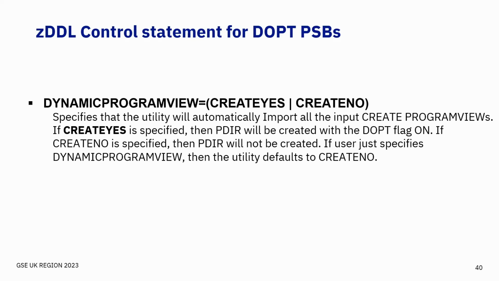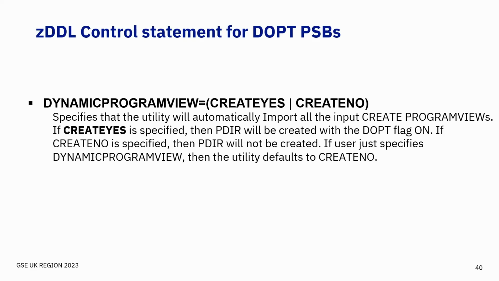Why did we provide this in ZDDL to create dynamic PSBs? Because the current dynamic PSB creation process was sort of kludgy, if you will, and especially vendors came to us and said, we'd like a nice, easy way to create dynamic PSBs.